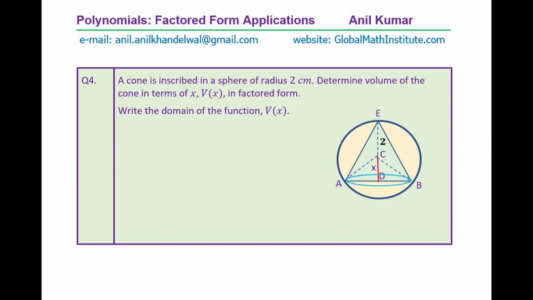Write the domain of the function V of x. So that's a sphere given to us whose radius is 2 centimeters. That is the value of x in whose terms we need to find the volume. So I'll actually provide you with a general solution.